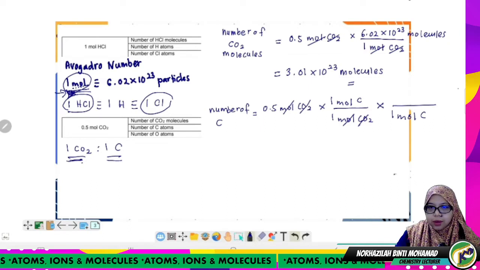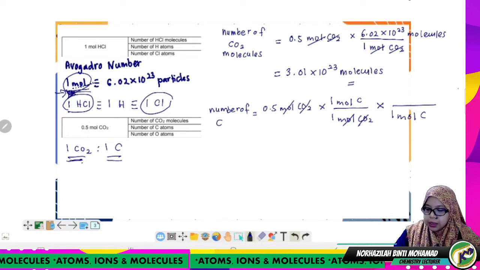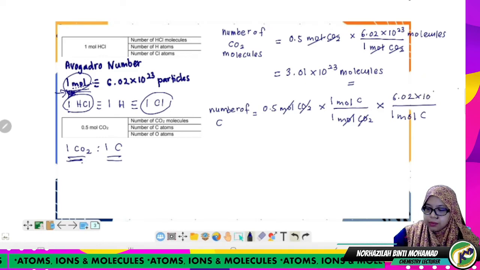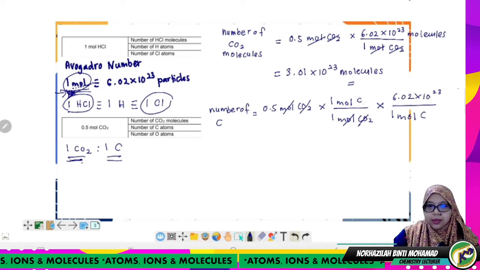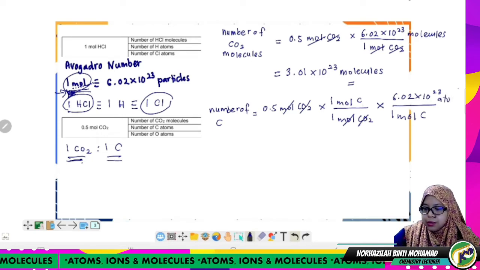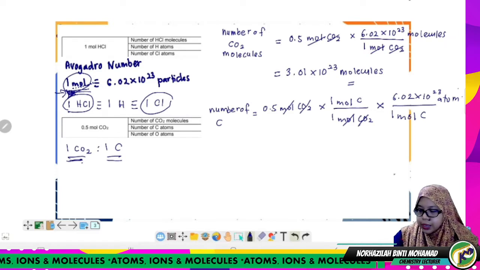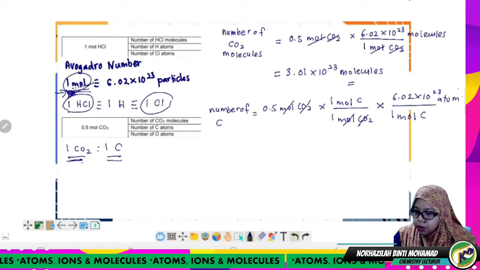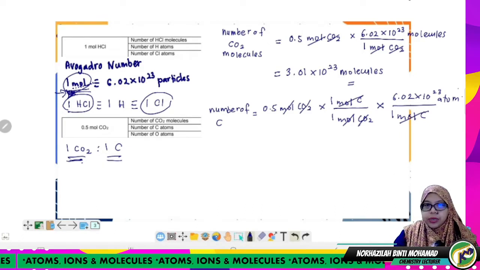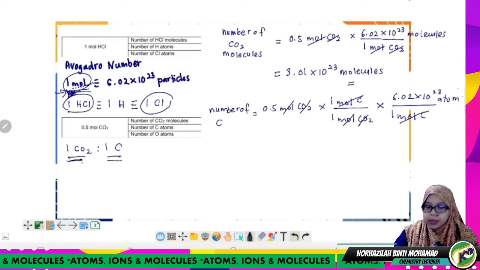Remember this Avogadro number is equivalent to 6.02 times 10 to the power of 23. The particle here is carbon, so it is atoms. Okay, so we can cancel the unit of mole carbon and leave the unit of atoms.